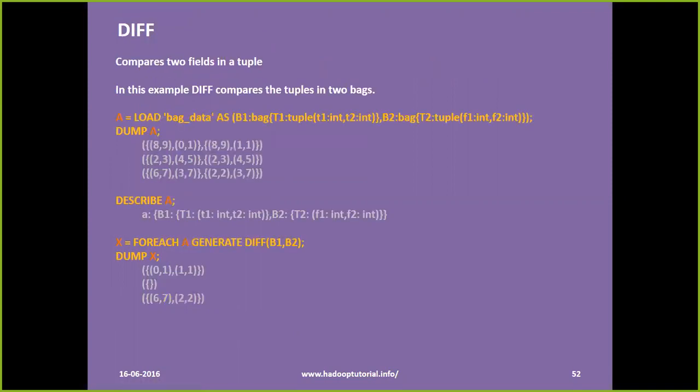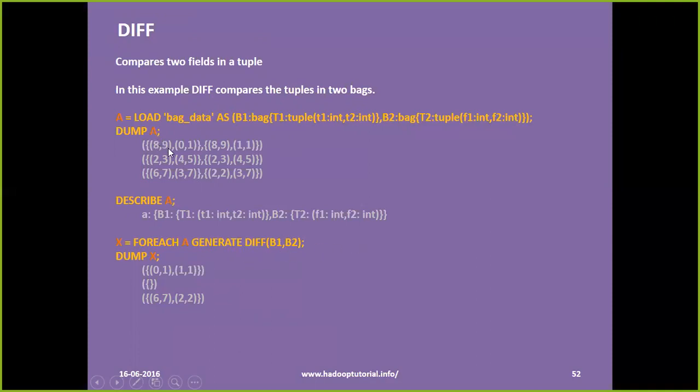Okay. And if you want to get the differences between two bags, let's say I have a bag data. Inside this itself, I have two bags, this as one bag and this as another bag, B1 and B2, or even separate bags is also fine. So for each A, generate diff of B1 comma B2.